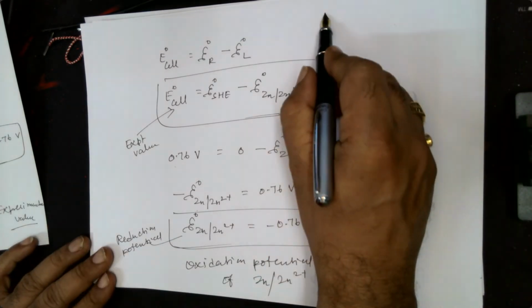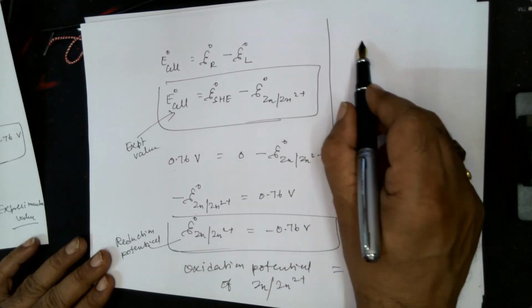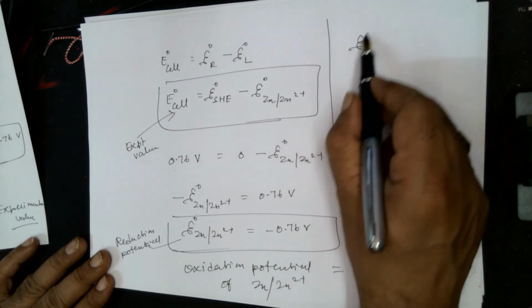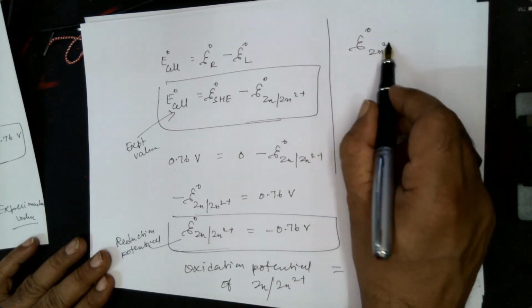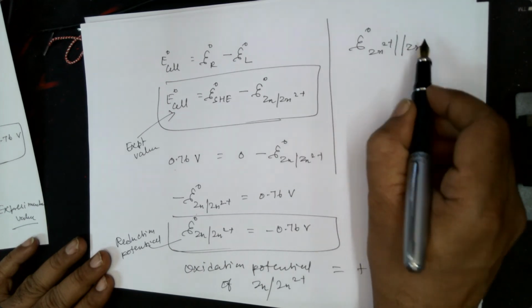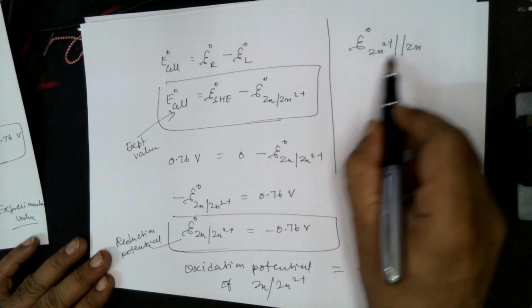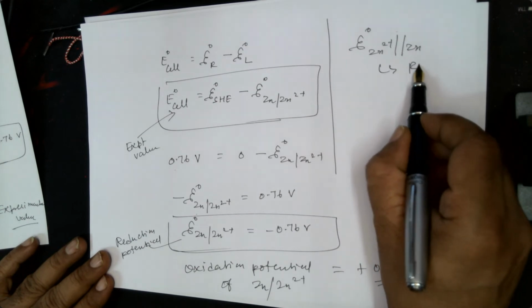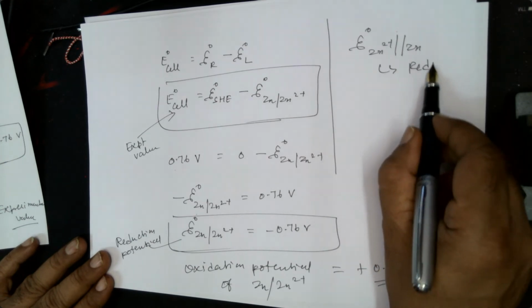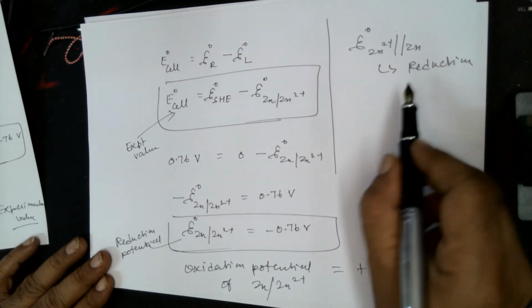Some authors indicate reduction potential as Zn 2 plus bar Zn, and this represents the reduction potential. Okay.